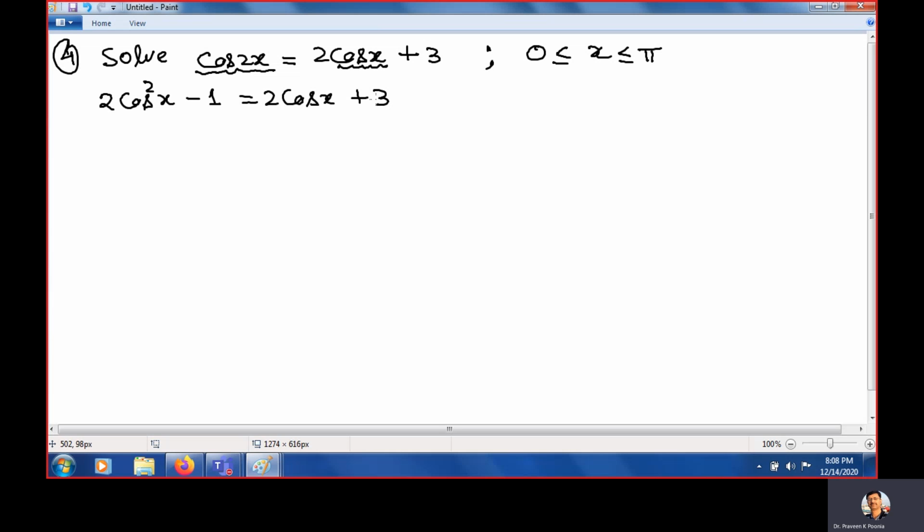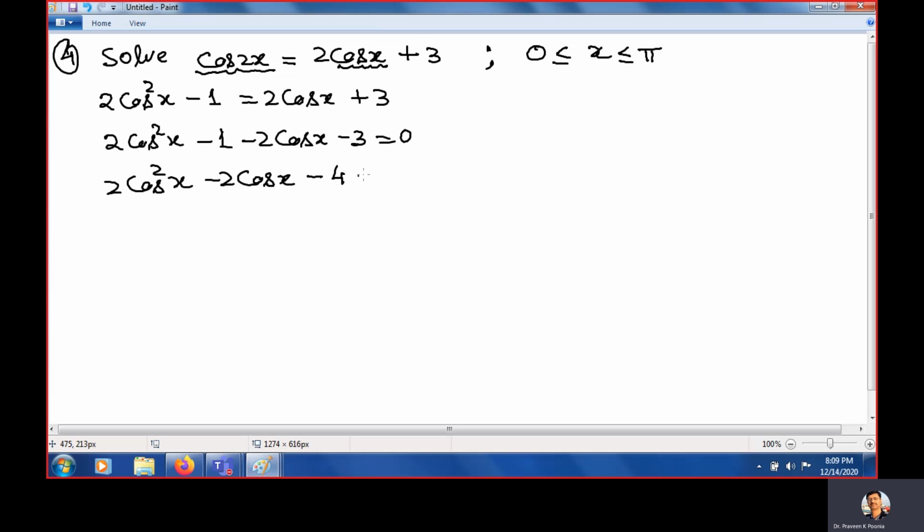Bring this towards the left side. So it is twice of cos square x minus 1 minus twice of cos x minus 3 is equal to 0. If we simplify this, it is twice of cos square x minus twice of cos x minus 4. And if you see, we can divide this equation by 2.